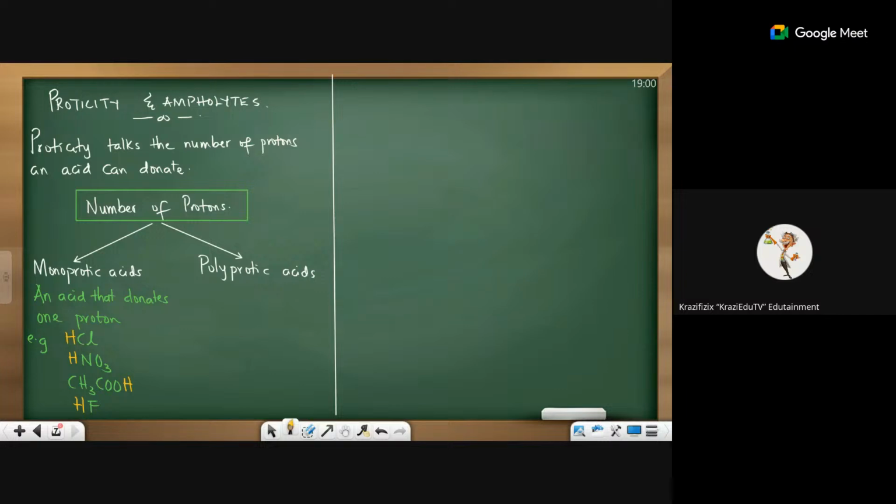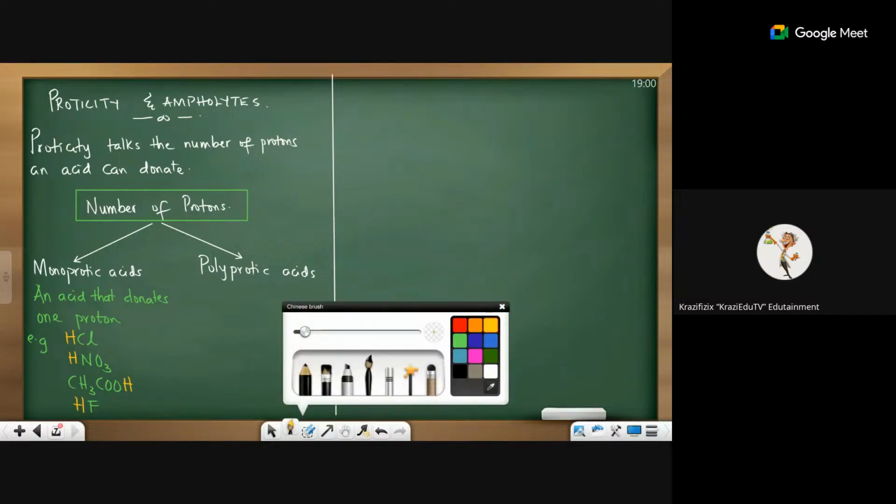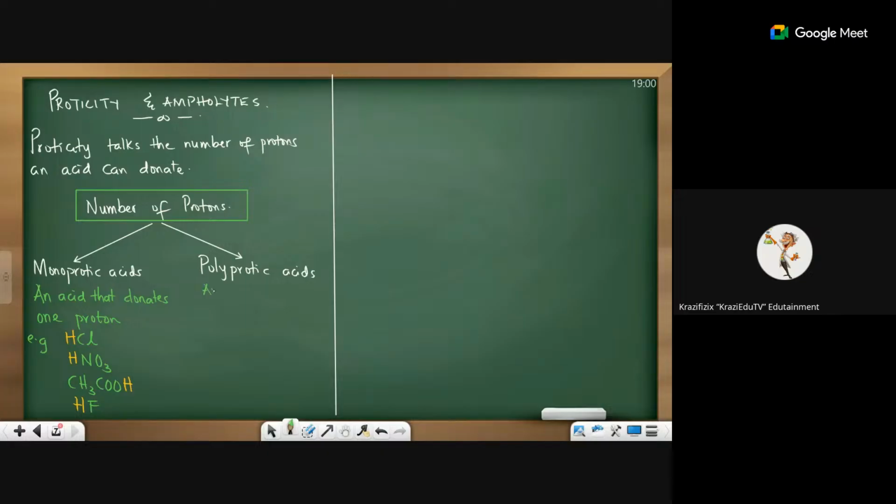Now, when I say poly, straightforward definition, what would you say? An acid that donates more than one, multiple. More than one proton. An acid that donates more than one proton. And this we can look at as diprotic. If I say di, it gives me two.